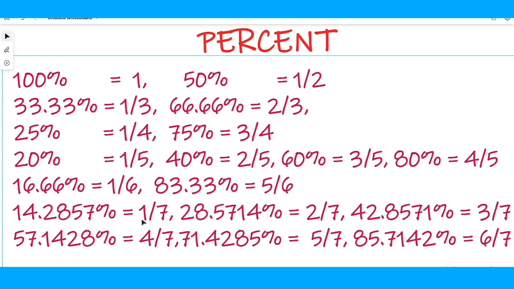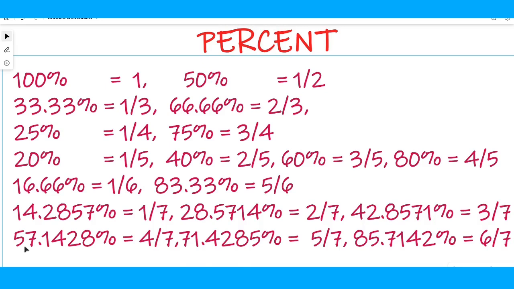14.2857% is 1 upon 7. Double of it is 28.5714%, which is 2 upon 7. And 3 times of it is 42.8571%, which is 3 upon 7.